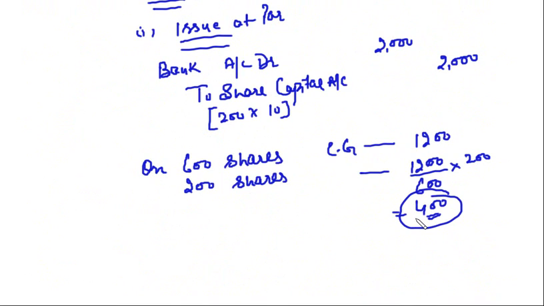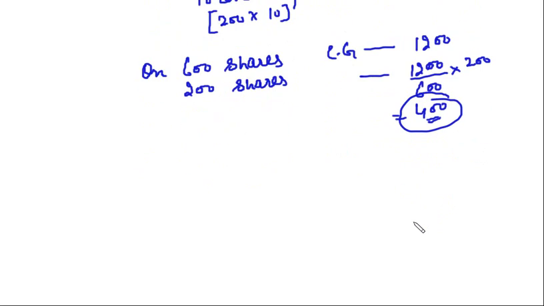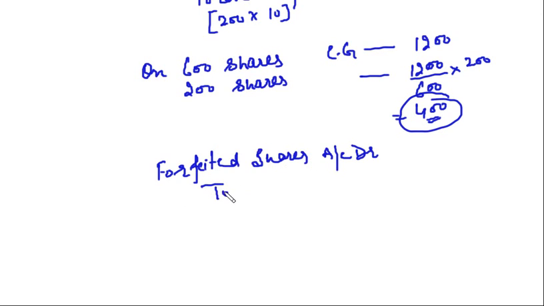So these 400 rupees I will take from pocket 1 and keep in pocket 2. What will be the journal entry for transfer? Forfeited shares account debit to capital reserve account, 400.